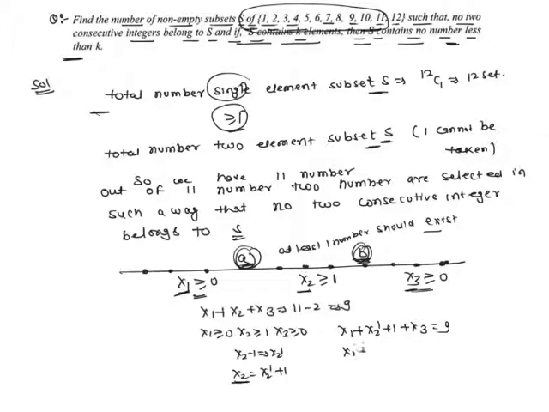This comes out x1 plus x2 dash plus x3 equals 8, where x1, x2 dash and x3 are all greater than or equal to 0. So the solution of this equation is 8 plus 3 minus 1 C 3 minus 1, that is 10C2.